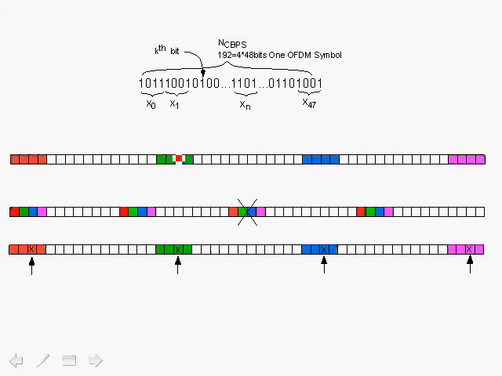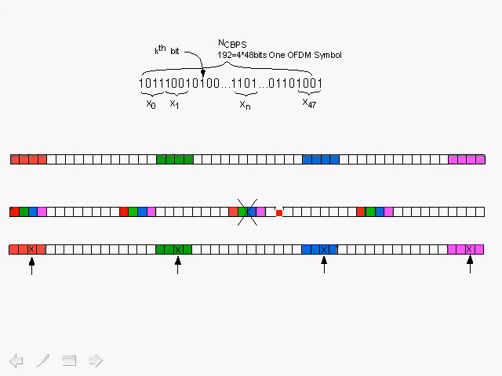So here we go again to this diagram. The first permutation basically achieved the case where adjacent bits are permuted across the 192 bits, such that within a carrier the bits are not adjacent, and within adjacent carriers also non-adjacent bits exist.